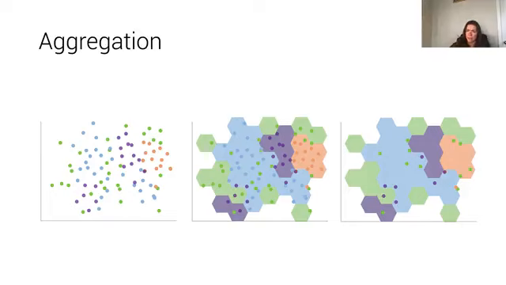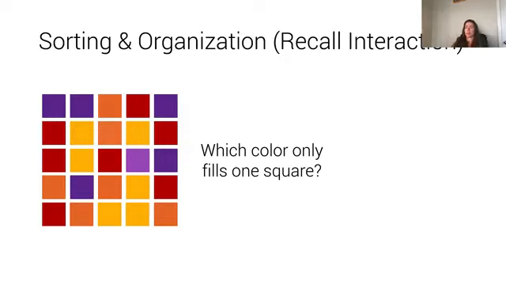Another technique that we can use, you might recall from interaction when we talked about sorting, is organization. Data that is better organized makes it easier to find things. We can see that in this example here. Take a moment to look at this heat map and notice which color I only see in one grid cell of my heat map.